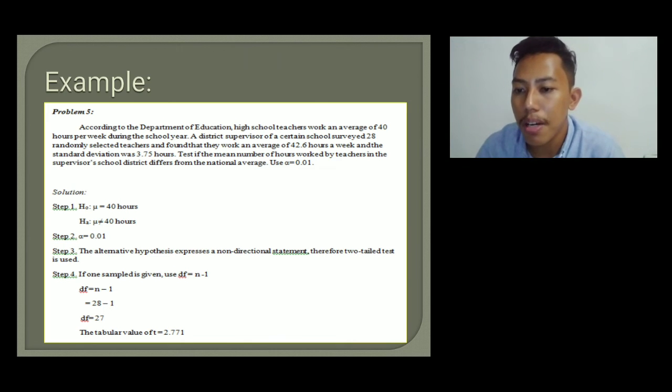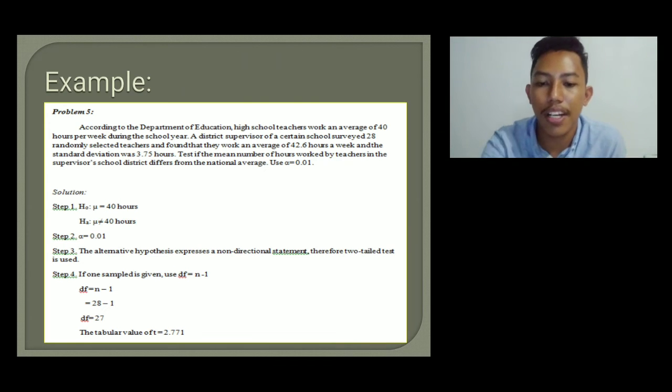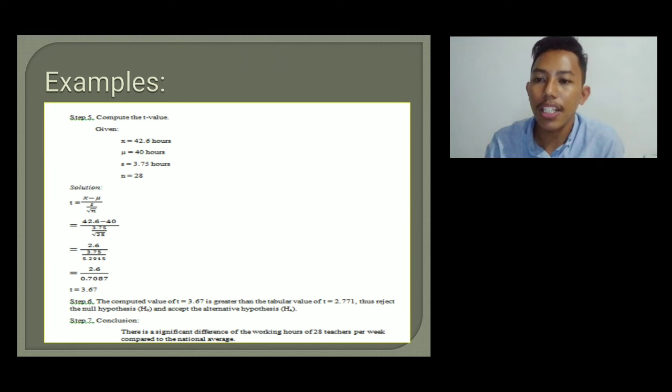Step 4, if one sample is given, use df is equal to n minus 1. So df is equal to n minus 1, or 28 minus 1, so df is now 27. The tabular value of t is 2.771.